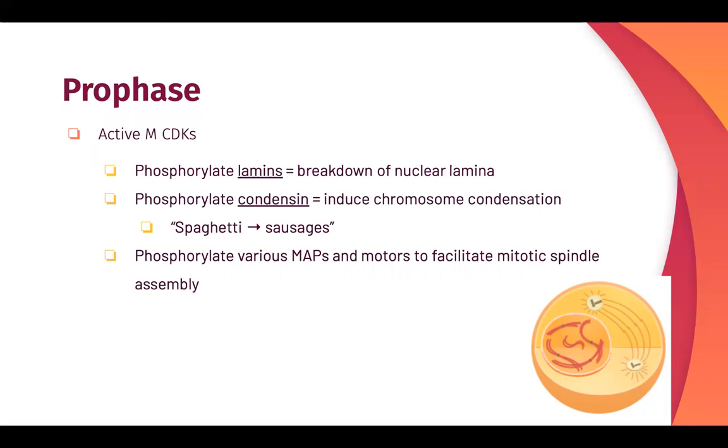They phosphorylate lamins, which means the nuclear envelope, or the lamina, gets broken down so that all your chromosomes on the inside can free float. At the same time, because now you can get to the chromosomes, it phosphorylates condensin, which makes the chromosomes condense. So they go from spaghetti noodles into more compact sausages.